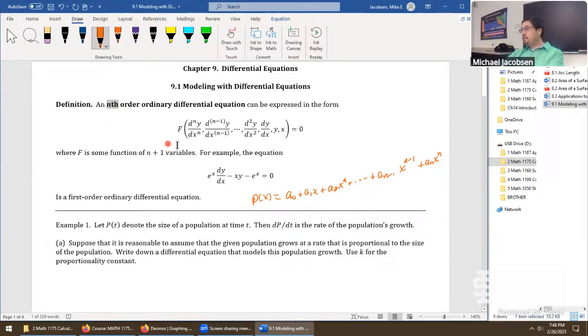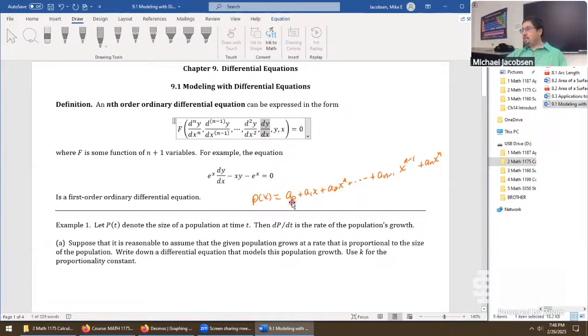So a differential equation is a function of an nth order derivative, a prior derivative, this is the n minus 1th order derivative, all the way down to the first derivative, kind of like when we define an n degree polynomial, we do the degree n term, the prior term, all the way down to the a1x term, and that's what this is, the first order derivative.